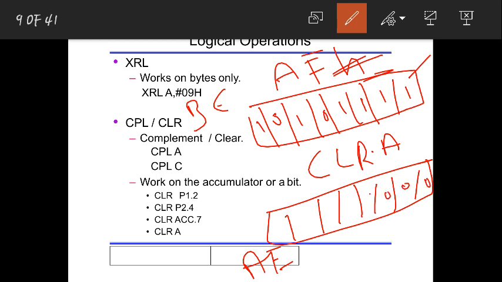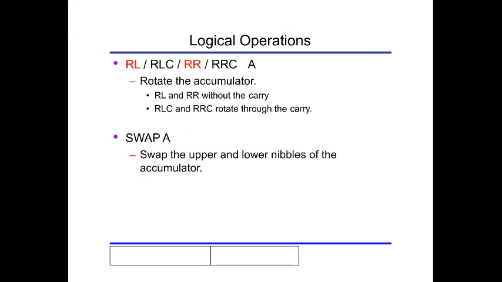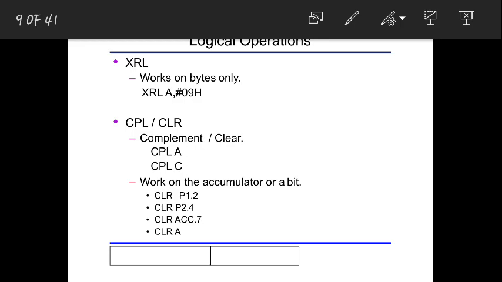Everything will be cleared, it will become reset. Irrespective of whether you have 1 or 0, it will make them zeros. So after execution, this A will be equal to 00H. Before it was AFH. So this is about the complement and clear instructions. Next you have rotate, swap and all these.